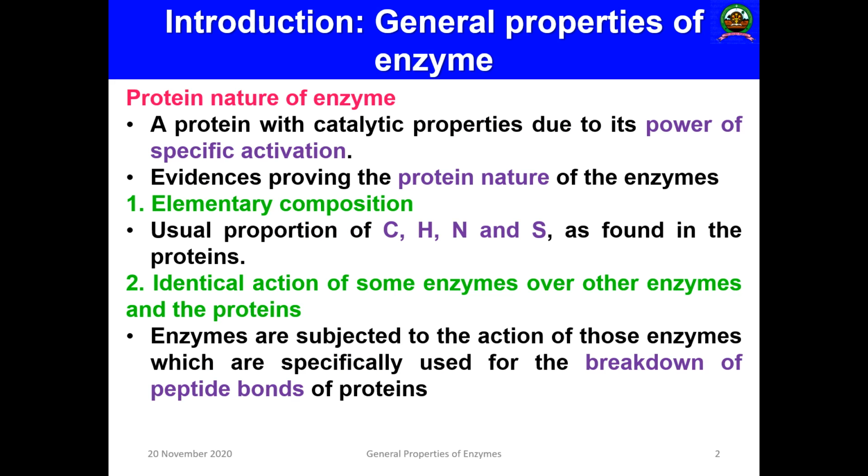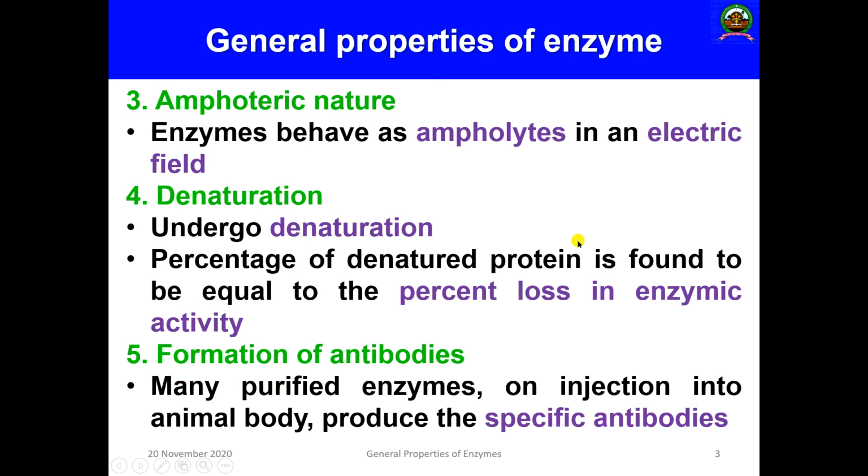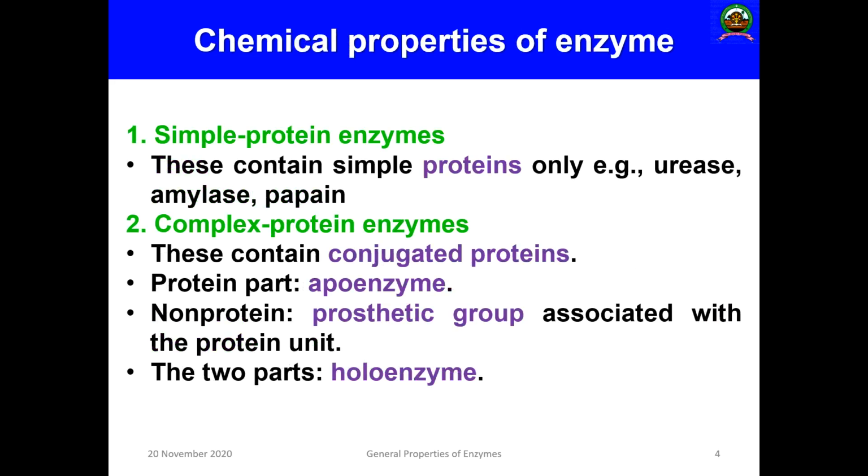So these are the main aspects showing that enzymes are proteins: the elementary composition, the identical action of some enzymes in comparison with other enzymes, then the ampholytic or amphoteric nature, the denaturation capacity, and the formation of antibodies or immunoglobulins.